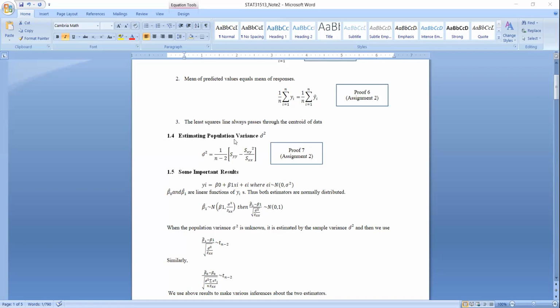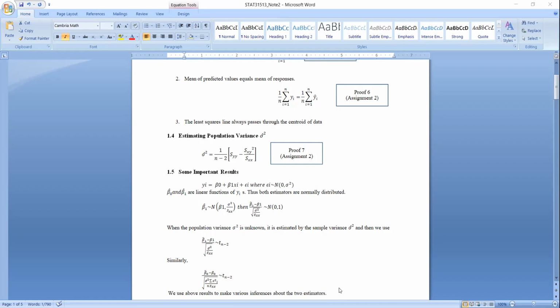We know the population variance is denoted by sigma squared. So if you're interested in finding an estimate for the population variance, you can use this equation, and this one also we can easily prove, right? We'll be discussing this proof on Friday, but you can give it a try by yourself.